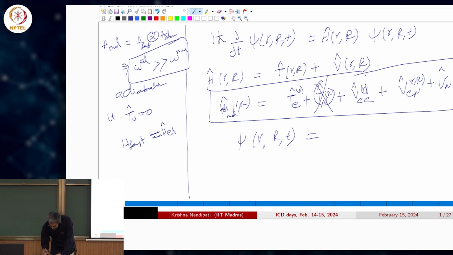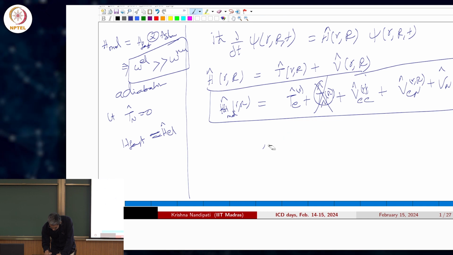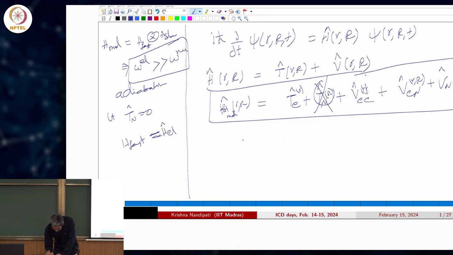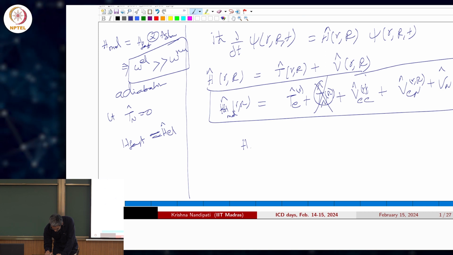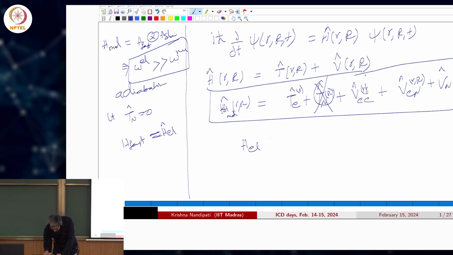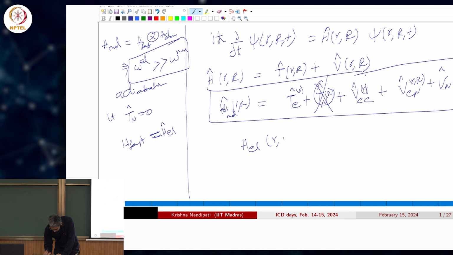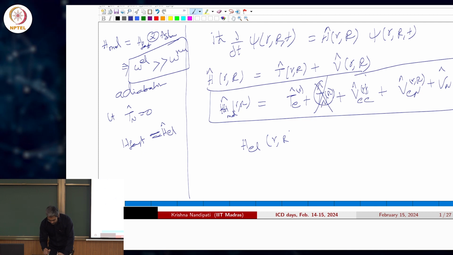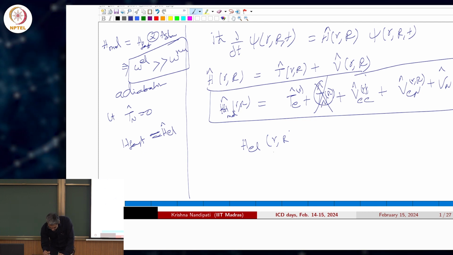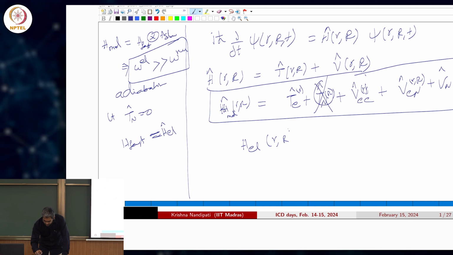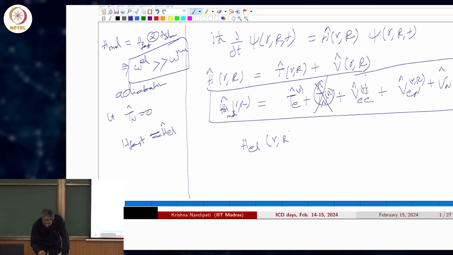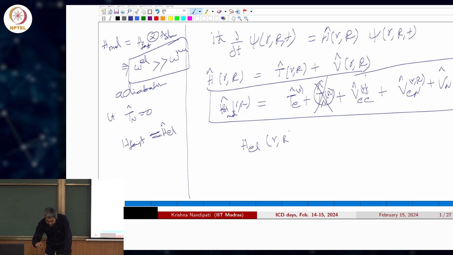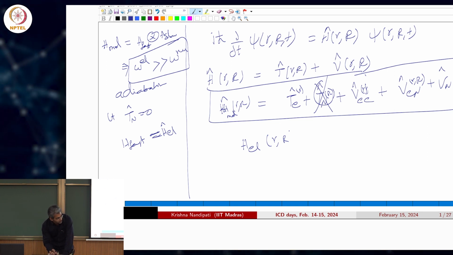H electronic has both nuclear and electronic dependence, but since we are fixing the nuclei, the electron-nuclear potential and V_NN contain the nuclear coordinate dependence in this portion of the Hamiltonian.